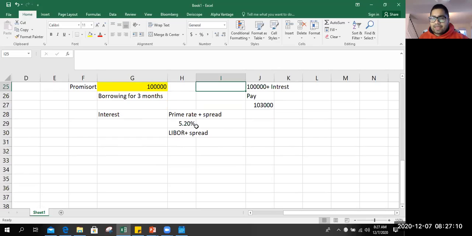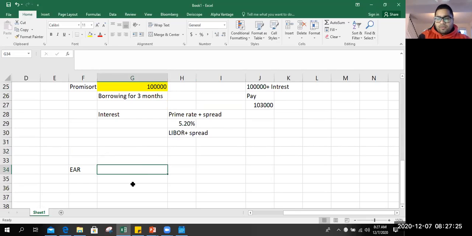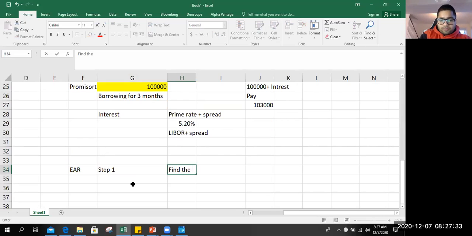Now, in exam, they will ask you to calculate the effective annual rate on your borrowing. So how to do that? Step one, find the borrowed amount.